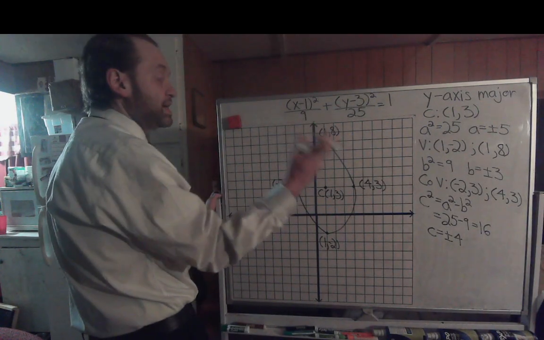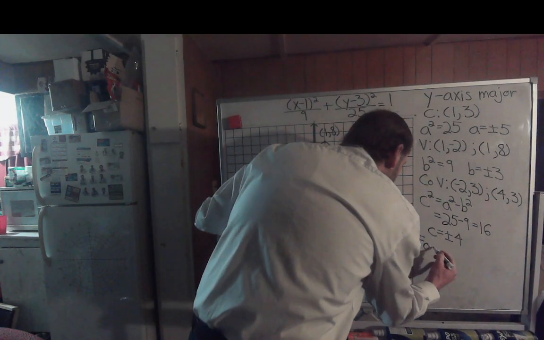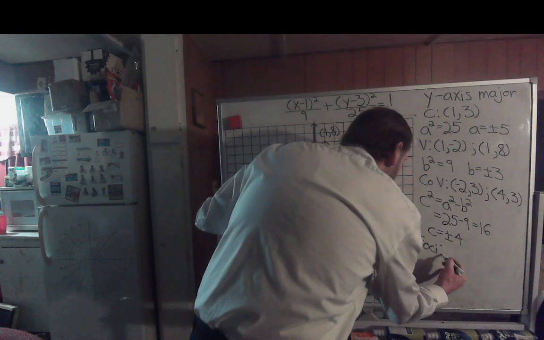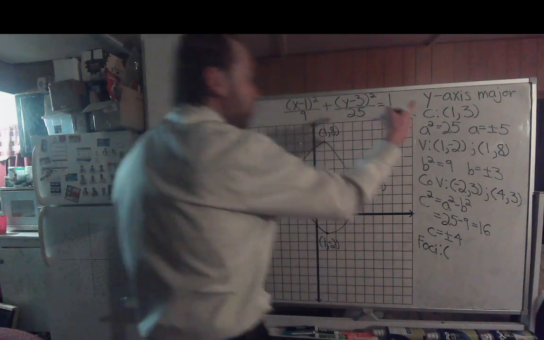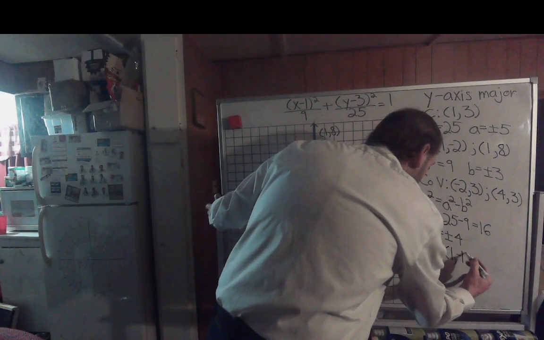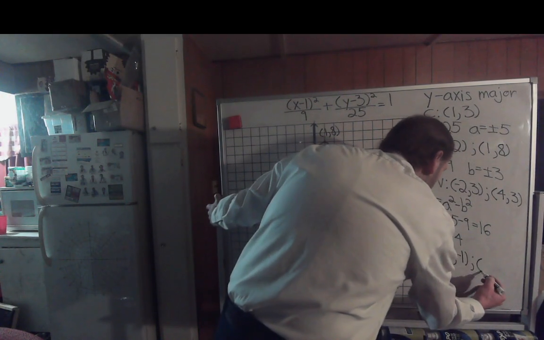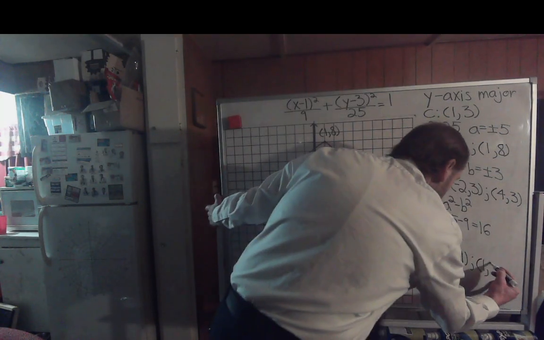Now the y-axis is the major axis, so what does that mean? That means we're going to leave our x-coordinate of 1 alone for the center, but we'll take 3 minus 4, which would be negative 1, so 1, negative 1 is a focus. And then you'll also have 1 for your x-coordinate, and then 3 plus 4 is 7.